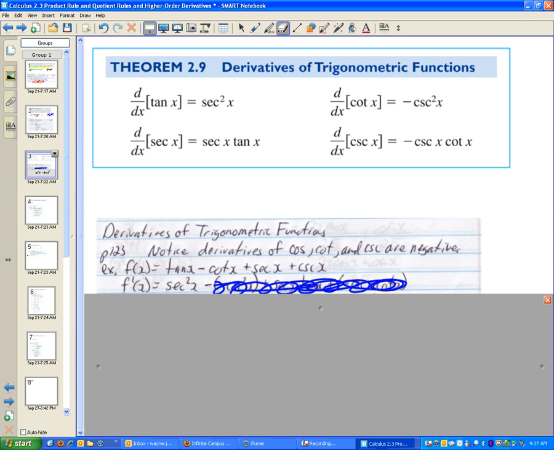Because it was in the problem I made up. Now, what's the derivative of the cotangent of x? Negative cosecant squared of x. So another negative sign then a cosecant squared of x. Plus, what's the derivative of the secant of x? Secant of x times the tangent of x. Plus, what's the derivative of the cosecant of x? Negative cosecant of x, cotangent of x.